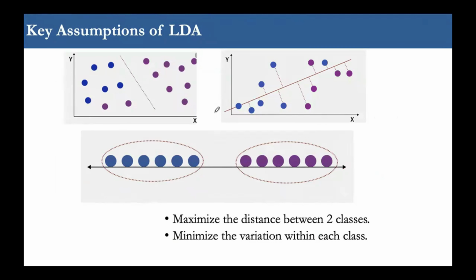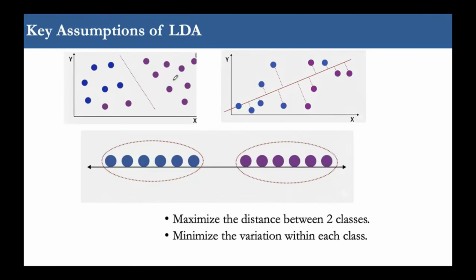LDA will perform effectively based on the assumptions we have seen. For example, when data points belonging to two classes are plotted, in this case we are using a scatter plot, if they are not linearly separable, LDA will try to find a projection which maximizes the between class separability.